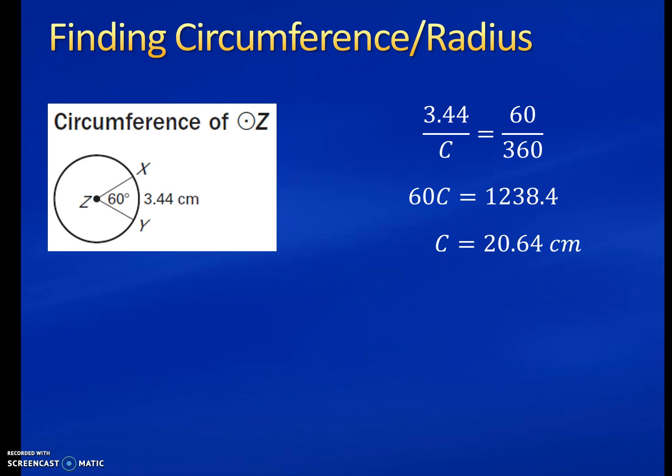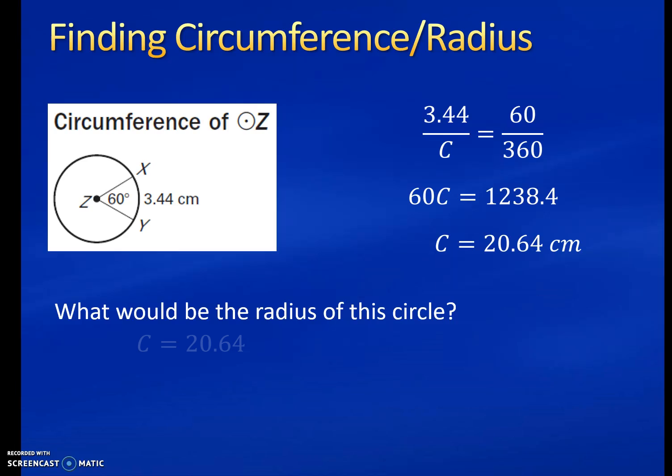If I had asked you for the radius, well, then the first step would be for you to go through and find the circumference first, and then use that to find the radius. So I know the circumference is 20.64, and I know the circumference formula is 2 pi r. So now pay attention to this next piece here, okay? When I go to solve for r, you have to be really careful, because we have to divide by 2, and we have to divide by pi.